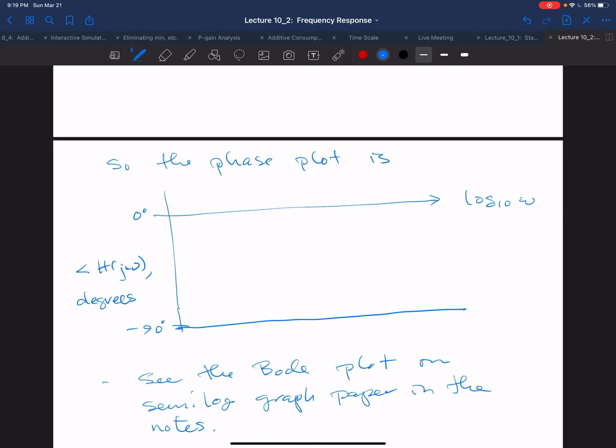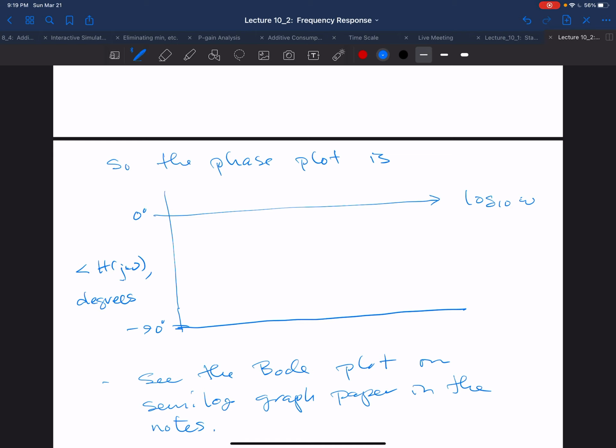So you can see that Bode plot nicely drawn in the lecture notes. Well, there, we've said what frequency response is. It's this magical quantity H of j omega that completely characterizes the response of an LTI system to sinusoids.